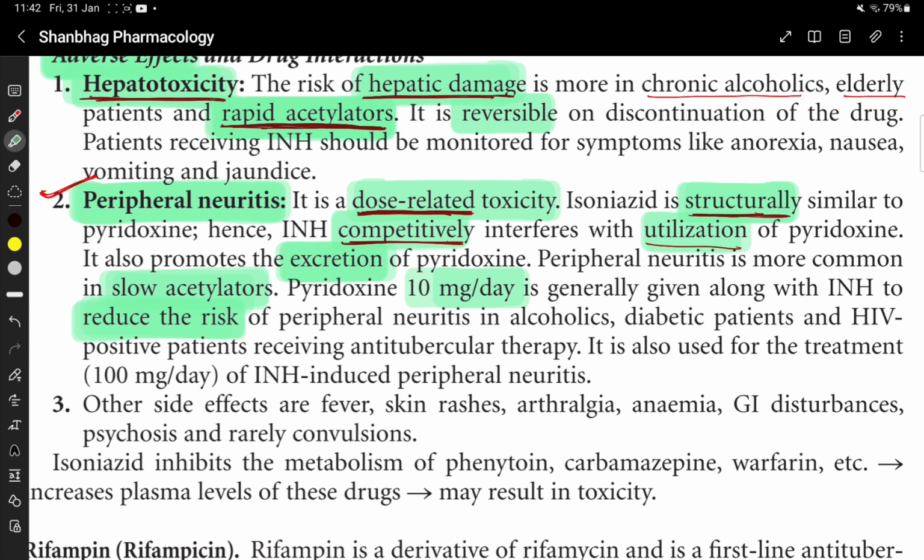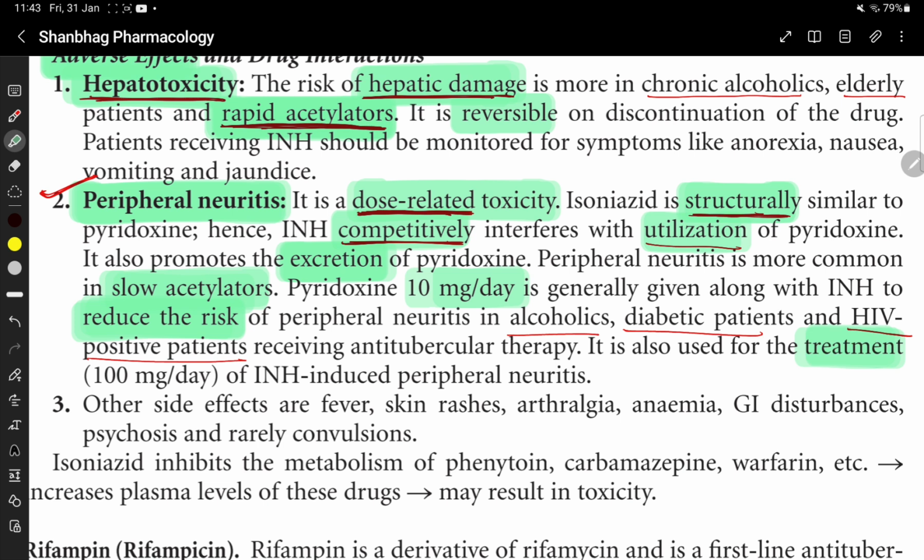That's why pyridoxine 100 mg per day is generally given along with isoniazid to reduce the risk of peripheral neuritis in alcoholics, diabetic patients, and HIV positive patients receiving anti-tubercular therapy. It is also used for the treatment of isoniazid induced peripheral neuritis.